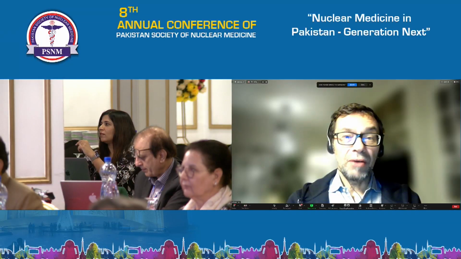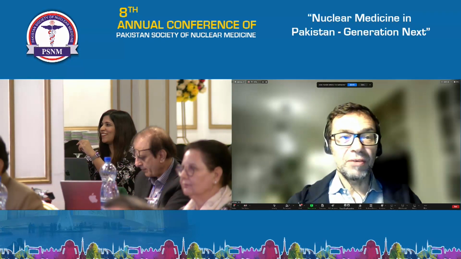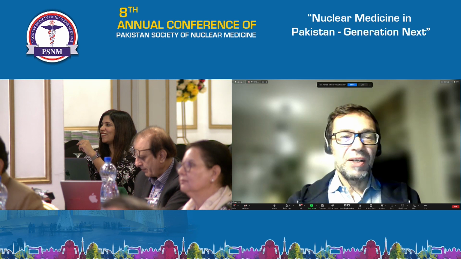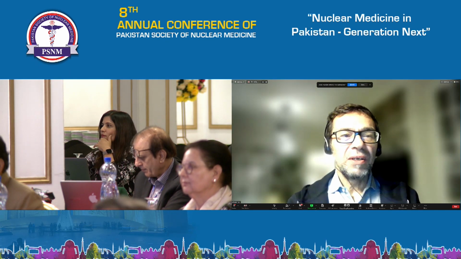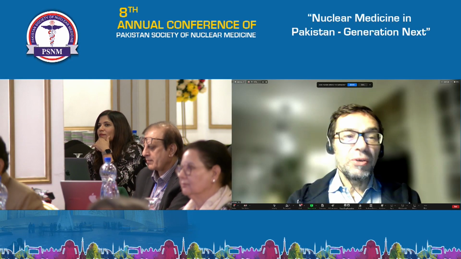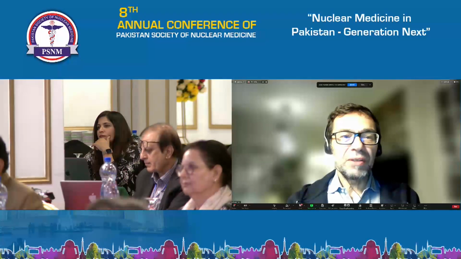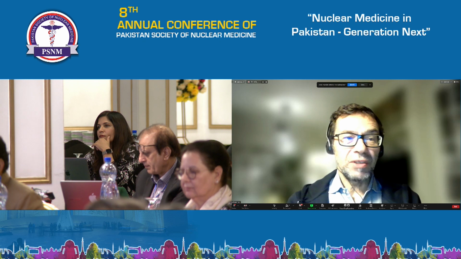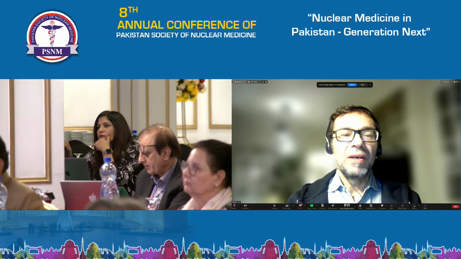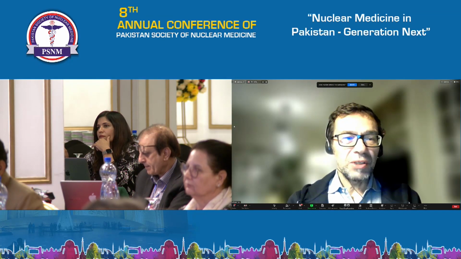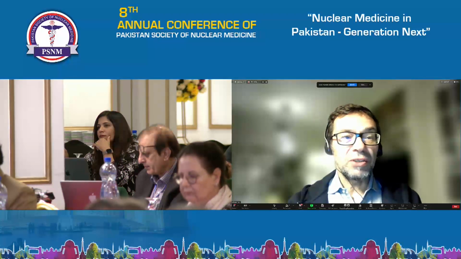Again, I'm sorry, I only got the first part of the question because then my internet was frozen for a while, but it was an interesting question regarding the bone marrow activity, the platelet count. I'm fully with you. Sometimes the patient comes at a very late stage of disease with a very exhausted bone marrow, and we know that there is a toxicity on the bone marrow.